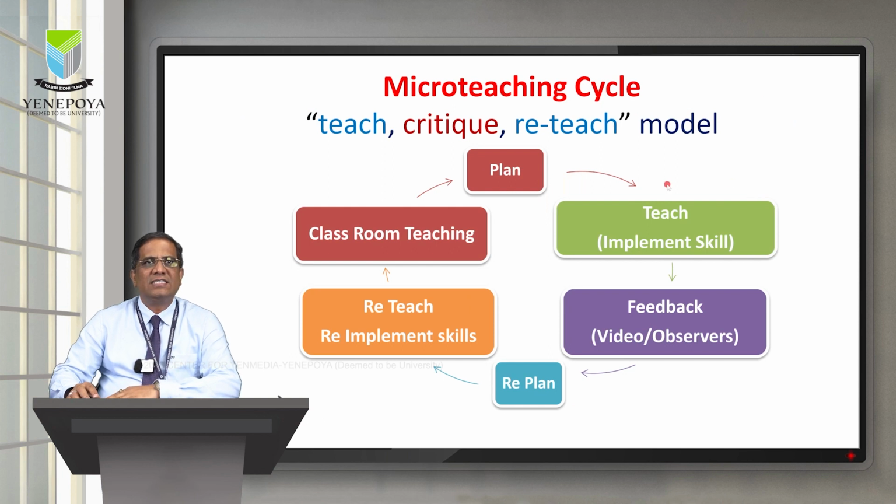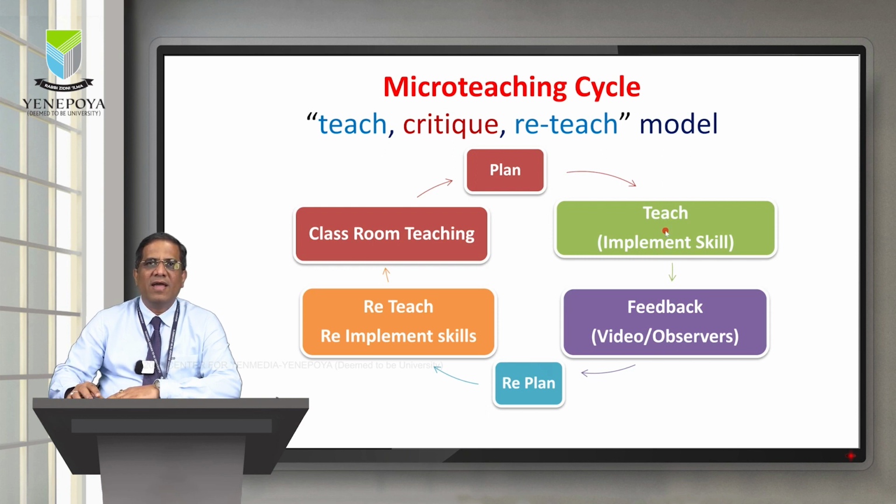Now this is the teach, critic, reteach model, a micro teaching cycle, where you can plan. I want to learn set induction. So plan a session to improve the set induction skill, teach, implement that skill, collect the feedback, then work on the feedback and reteach, and then you can apply this to classroom teaching.